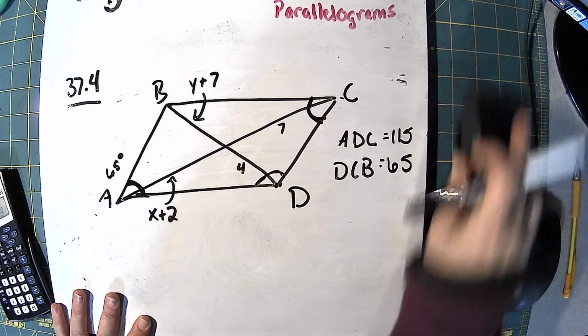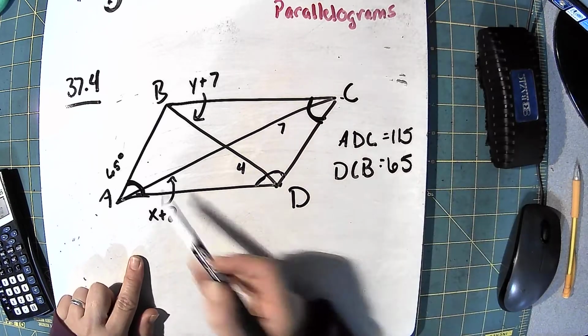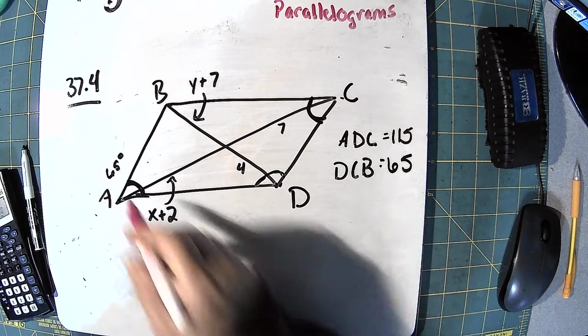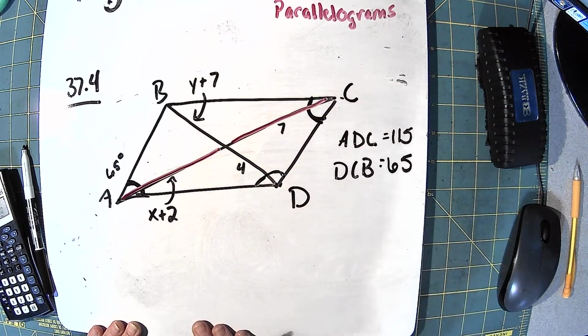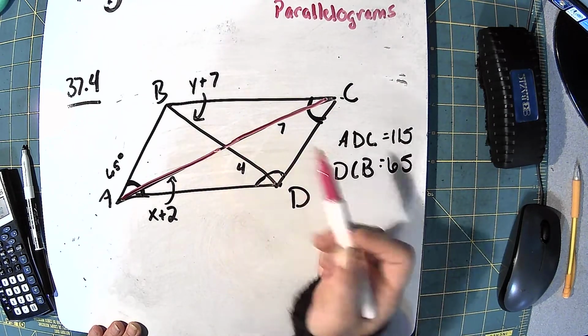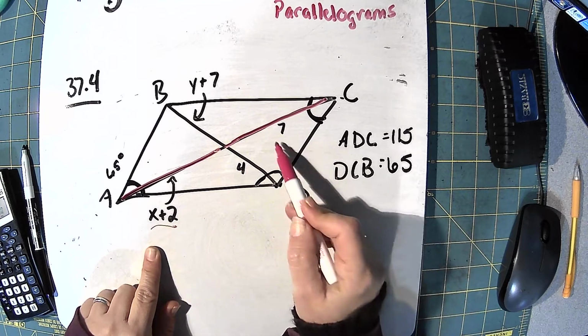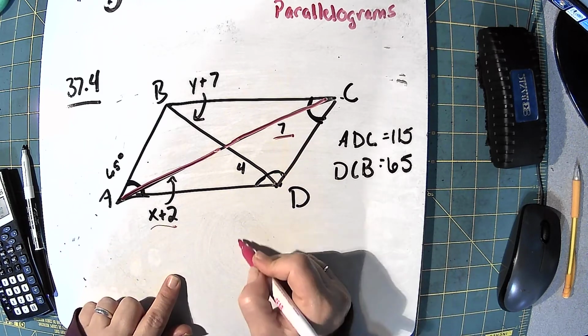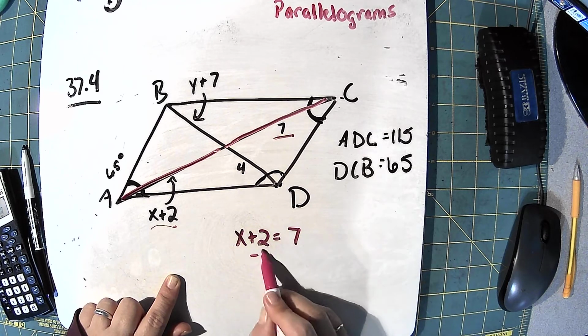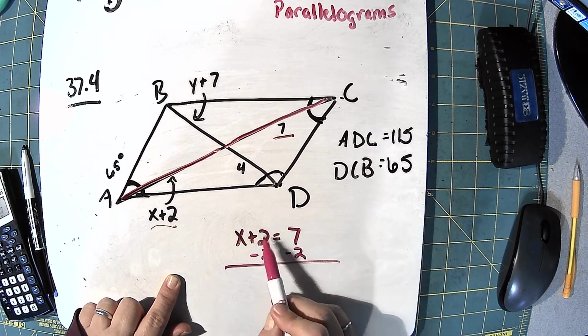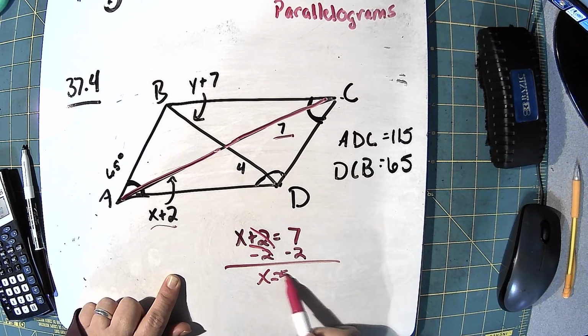All right, now we have to find X and Y. Well, we know that this line has to be equal to that line, right? Because it's cut directly in half. So that means X plus 2 is equal to 7. So X plus 2 equals 7. If I do minus 2, I'm going to get X equals 5.